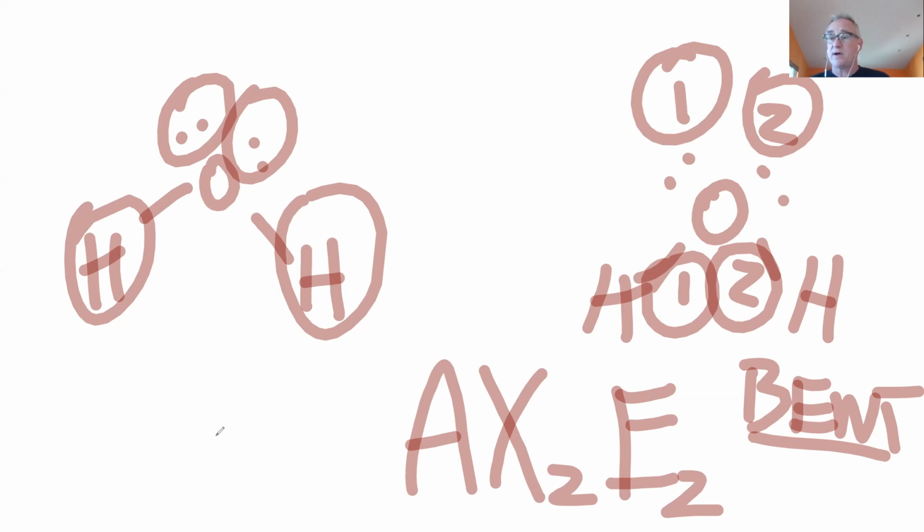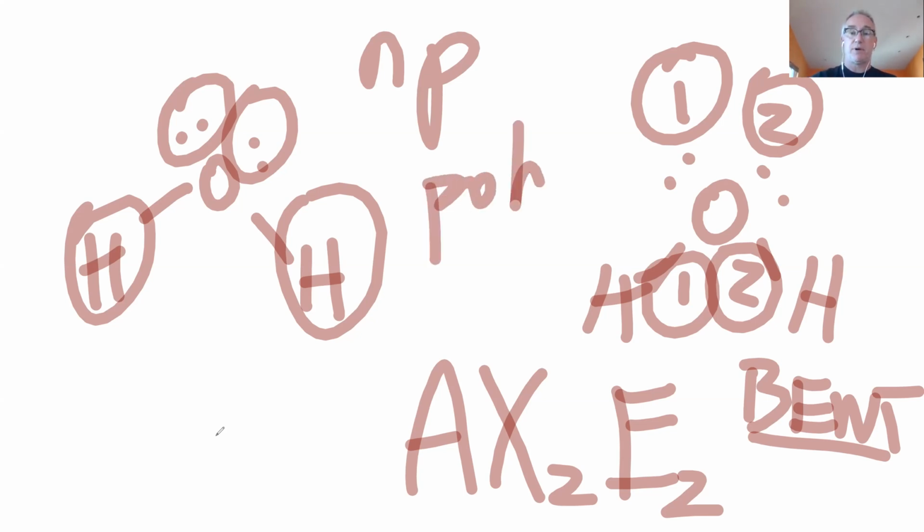But as far as polar goes, the general rule is, if the molecule is completely symmetrical, it is non-polar. If it's asymmetrical in some way, it's generally going to be polar. You need to have polar bonds to make a polar molecule, but to make a non-polar molecule, you need to have symmetry.